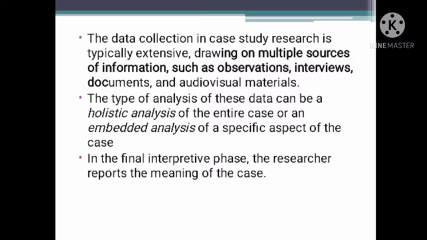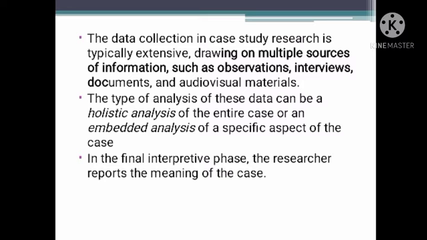The type of analysis of this data can be a holistic analysis of the entire case or an embedded analysis of a specific aspect of the case.